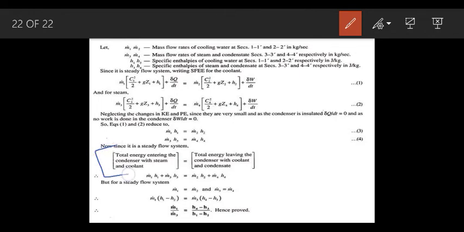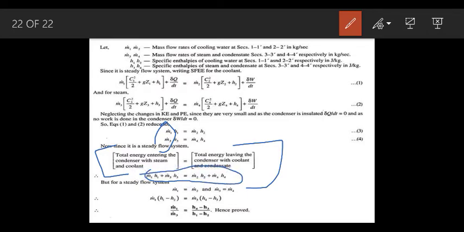See here. We will take the m values as equal. When we add the terms with respect to m1 and h1, and m3 and h4, see this equation.